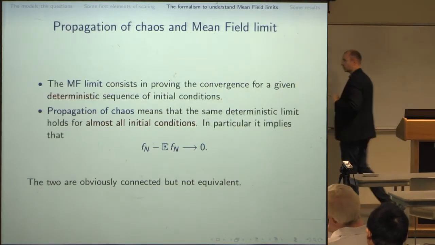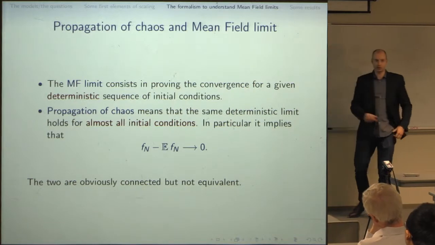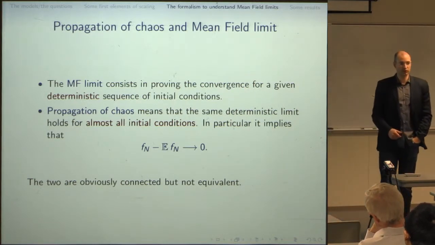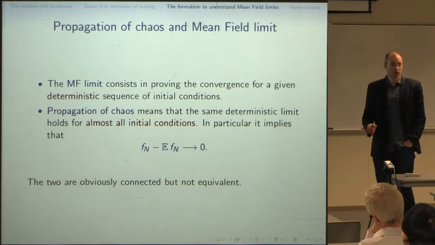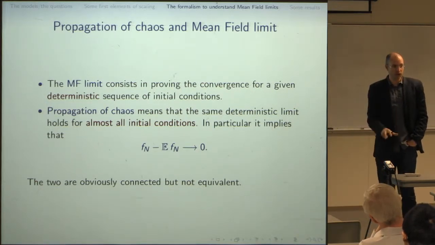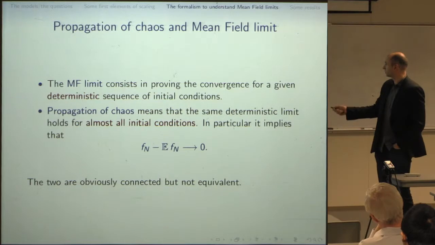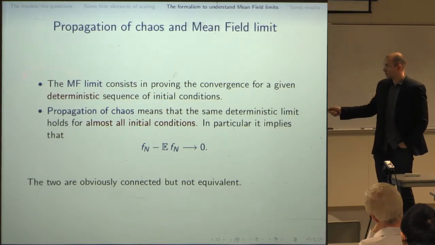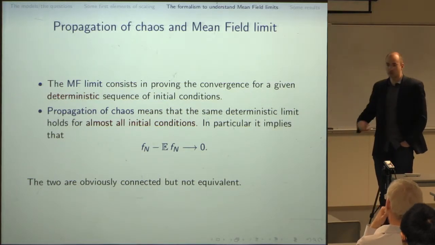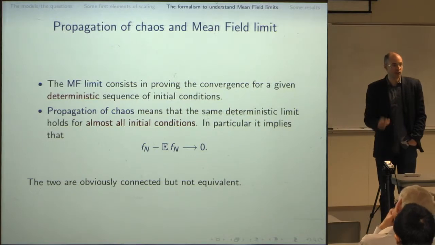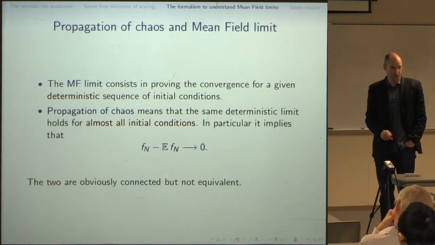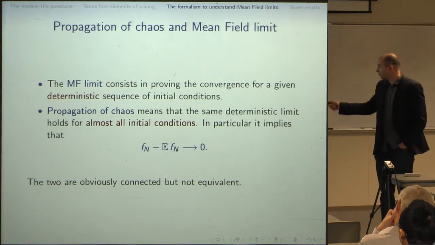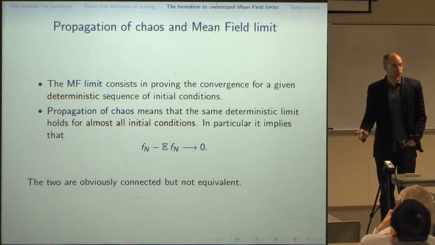So let me summarize a little bit the two main questions that we arrived at here. We have the mean field limit. The mean field limit means that you start from a given sequence, generally speaking a deterministic sequence of initial conditions, and you have to prove to me that the empirical measure converges to the right solution. So this may depend on the choice of the initial conditions.